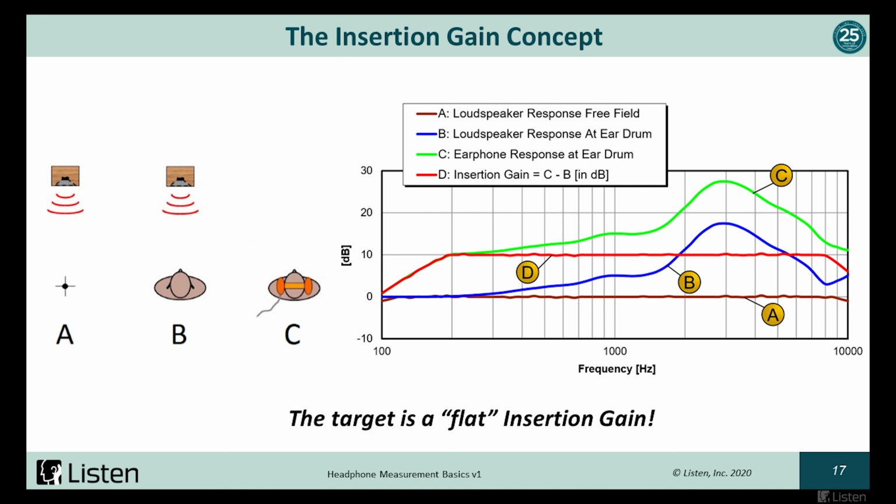So what we do is we measure what's called the insertion gain, which is the green curve. That has essentially the response of the ear simulator with the ear canal resonance, as well as the headphone or earphone response at the eardrum. And we subtract one from the other. And if it's the perfect headphone, we'll get a flat insertion gain.